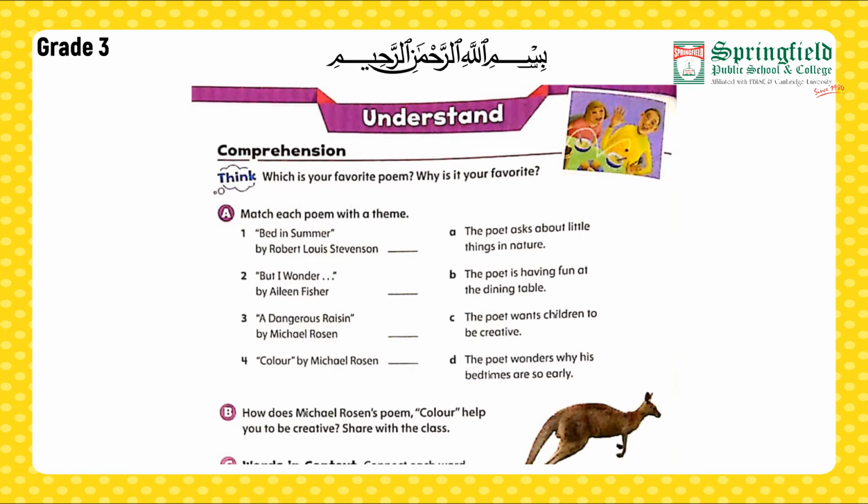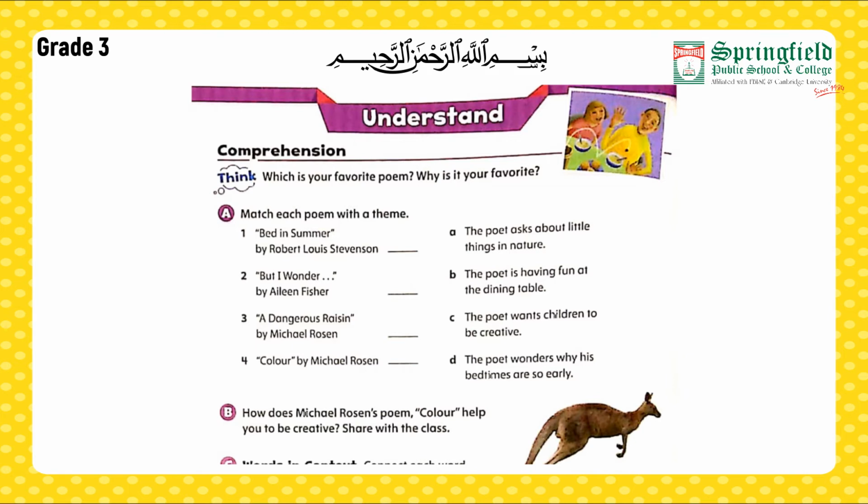Moving down, part A. Match each poem with a theme. Now here we have been given 4 poems, the ones we read, and the themes. Now you have to match the poem with its proper theme. We can see Bed in Summer by Robert Louis Stevenson. Now let's read which theme it matches. The poet asks about little things in nature.